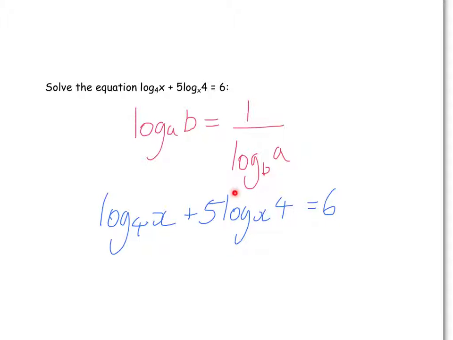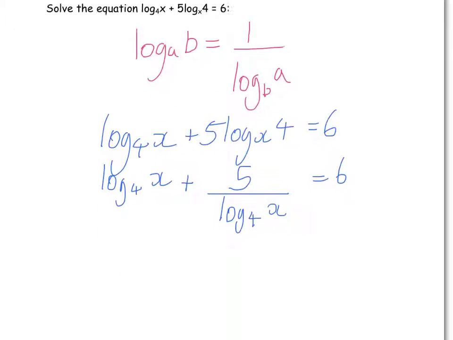If we apply the rule to this second part, we're going to have 5 over log to the base 4 of x, equal to 6, and obviously we've still got the other log to the base 4 of x.